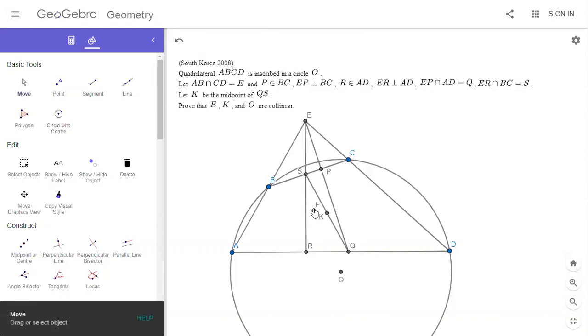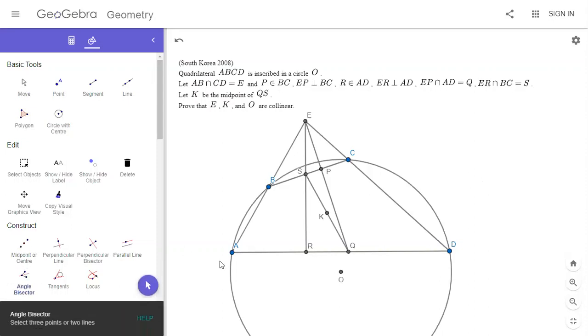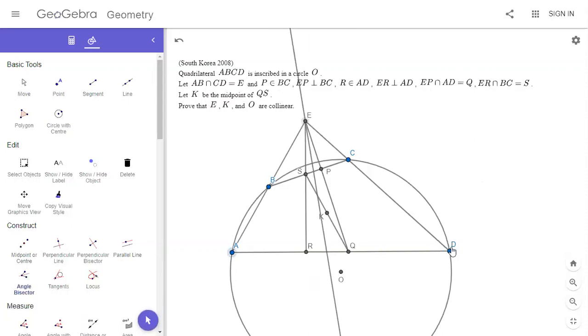Sorry. Is EK, let me draw the angle bisector here. Okay, so EK is not the angle bisector. Yeah, maybe projective geometry can work here or something.